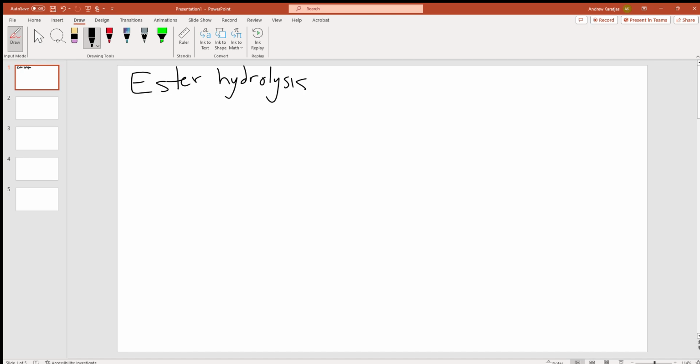Ester hydrolysis, on the other hand, we can do under two different sets of conditions. Acidic, and when we see acidic conditions, we're going to see that this is the exact reverse of the Fischer esterification.